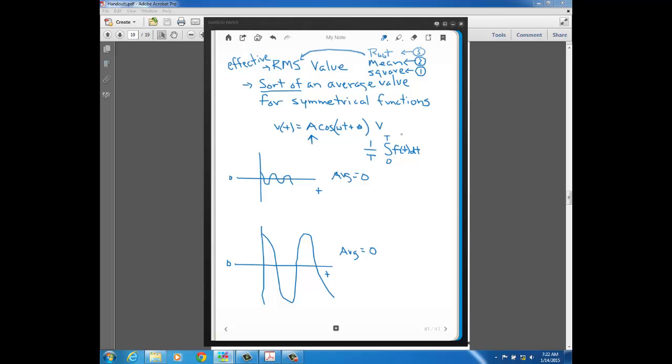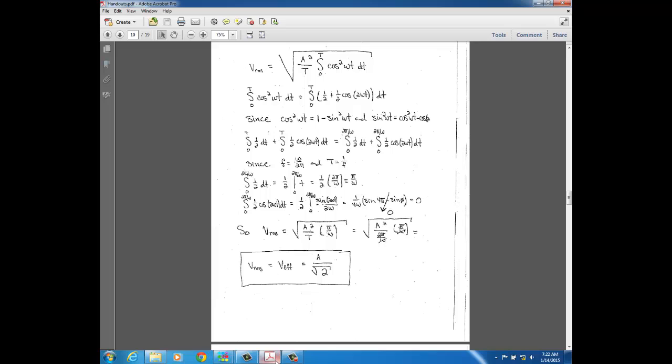So for a sinusoid centered on 0, the RMS value is just equal to the peak value divided by root 2. Again, that was the result of this derivation here.